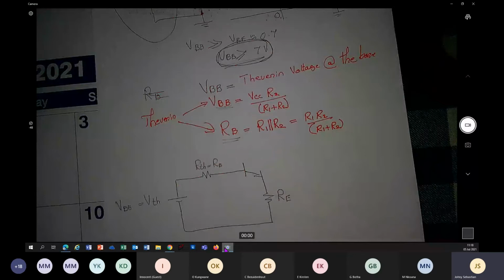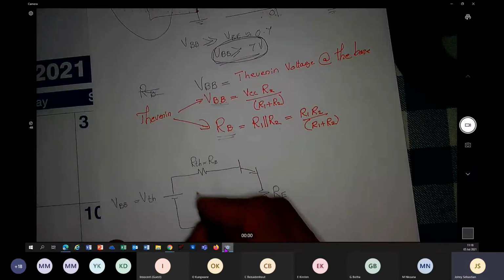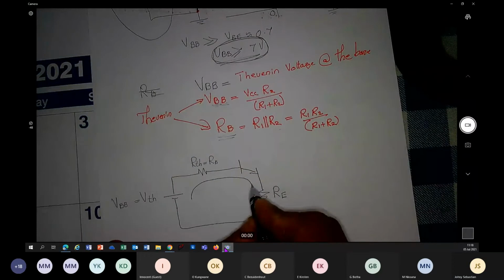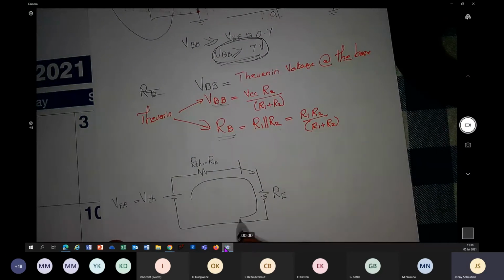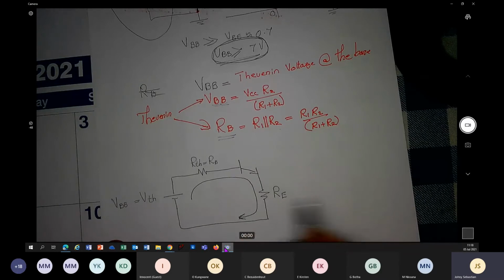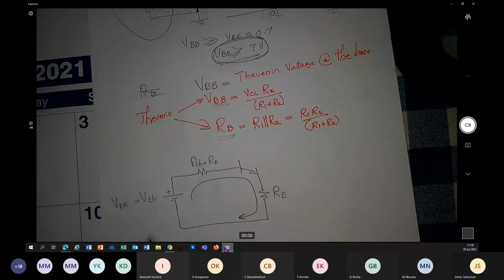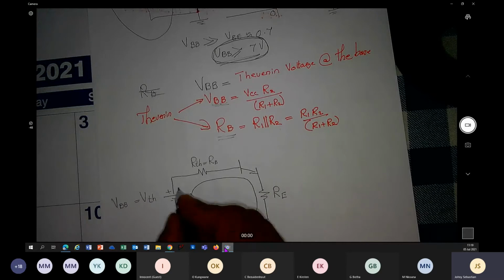So we have a closed circuit now. In a closed circuit, there is a current. There is always a current through a closed circuit. So from this closed circuit, we can make a KVL expression. How is this KVL expression going to come? Start with the battery. Go in the direction of the arrow, like that. Negative to positive. It is positive.